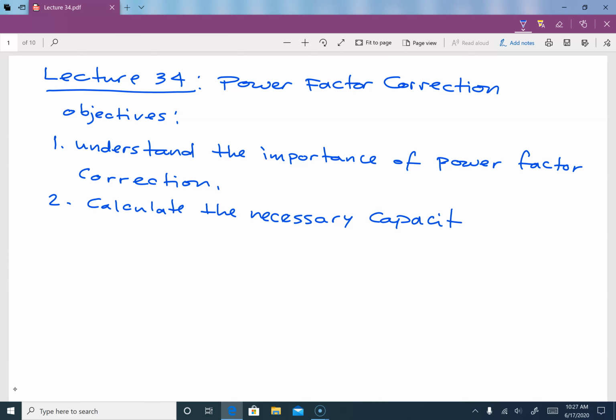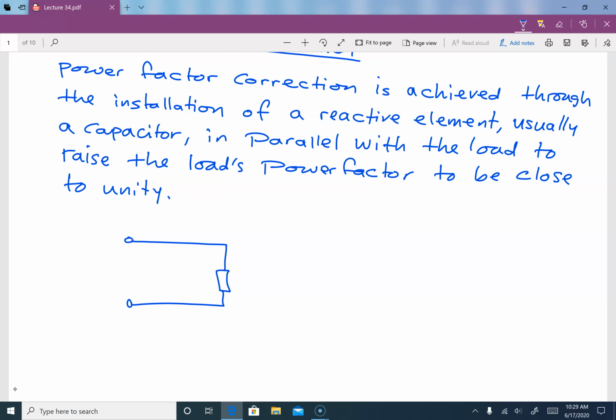So usually, let's say if I have a load impedance here, and this over here is V load, and that is in RMS, then what we have to do to raise this power factor of the load is to install or connect a capacitor in parallel with that load.